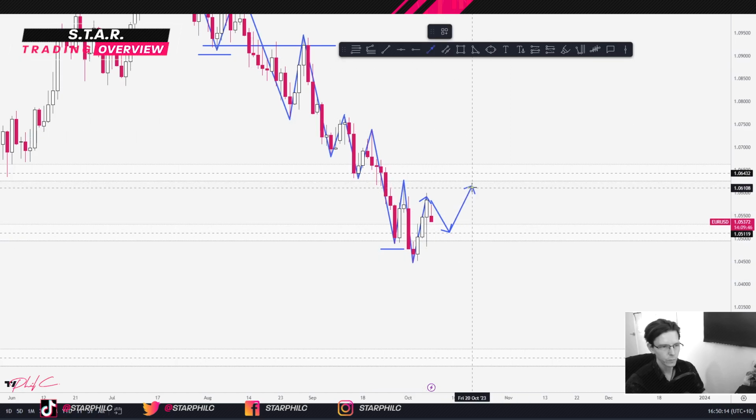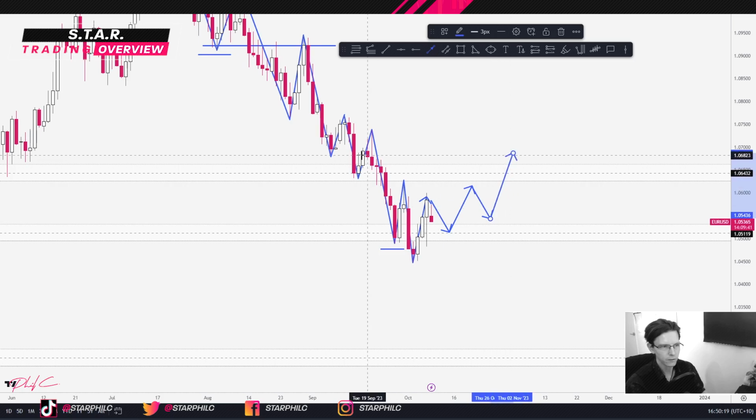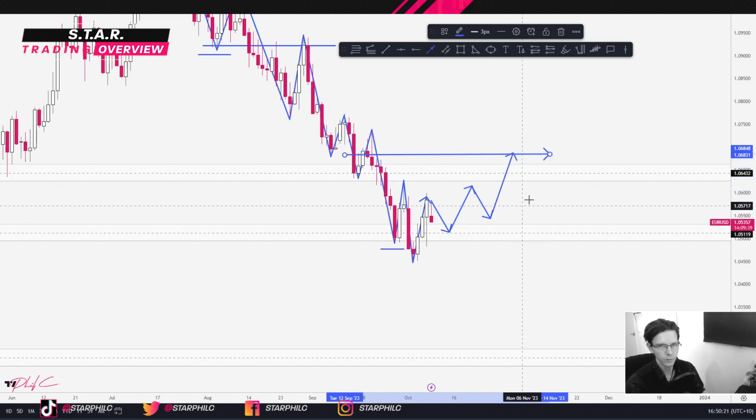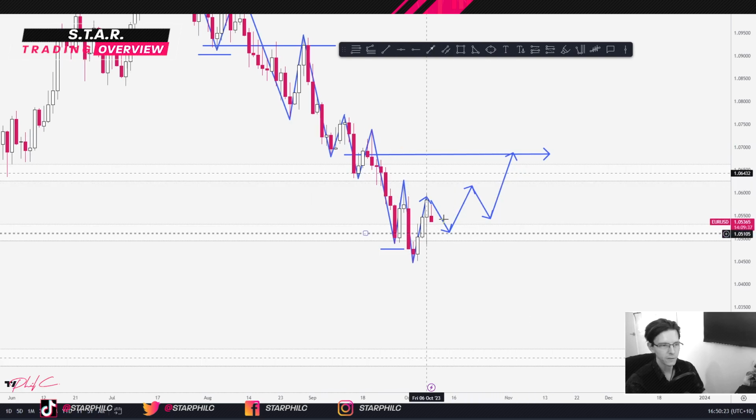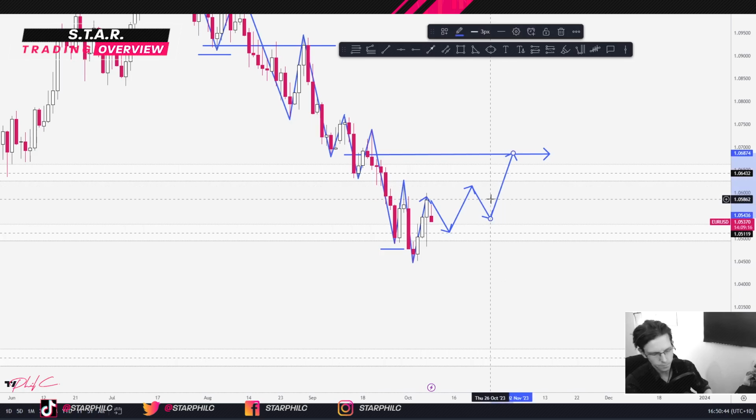So then we're looking for price action to pull back and then potentially retest the next structure level towards the upside. If that happens, we want to get out of this position. Not only that, we wait for price action to come to us and set up the next opportunity because price action told us. That's why we use a stop. It means we want to get out of it and look for that next opportunity.